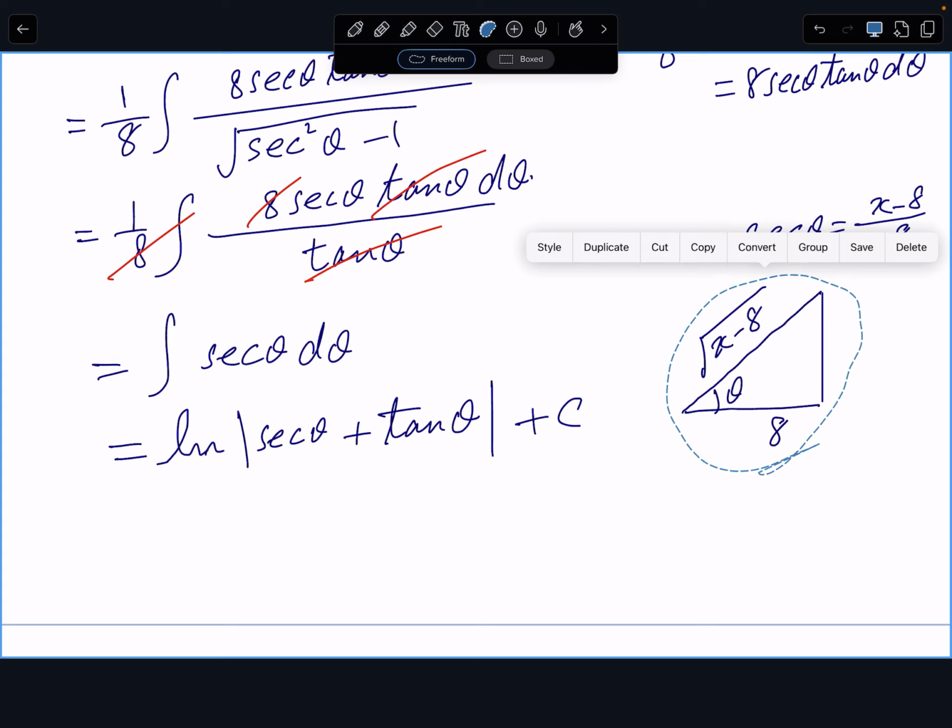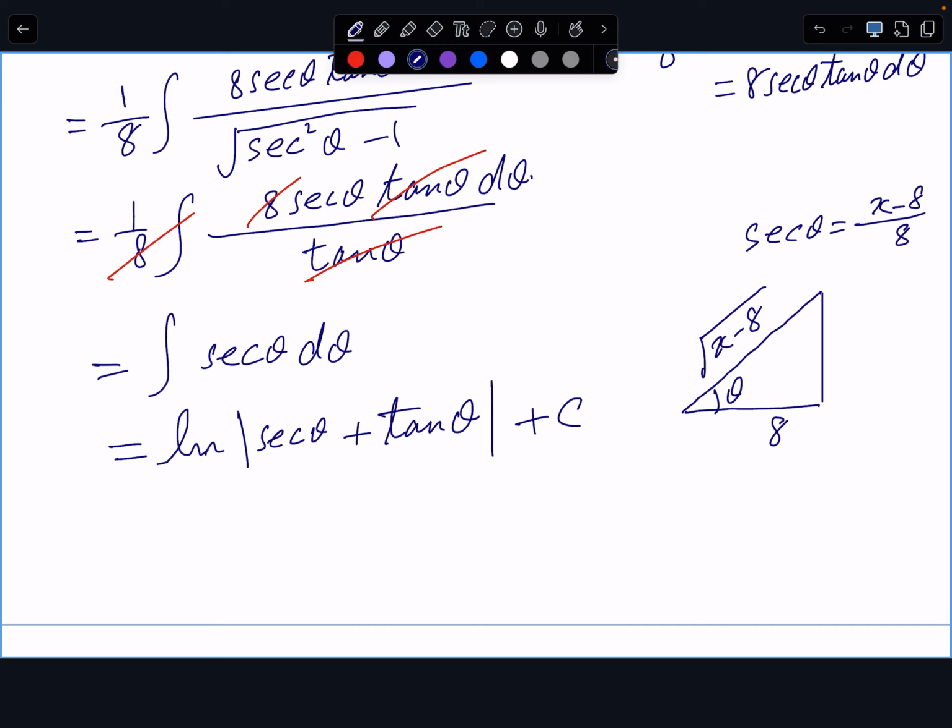How about this one? Square this is x squared, I'm sorry. No. There is no square root. So we had the adjacent, x minus 8 only, right? Yeah.